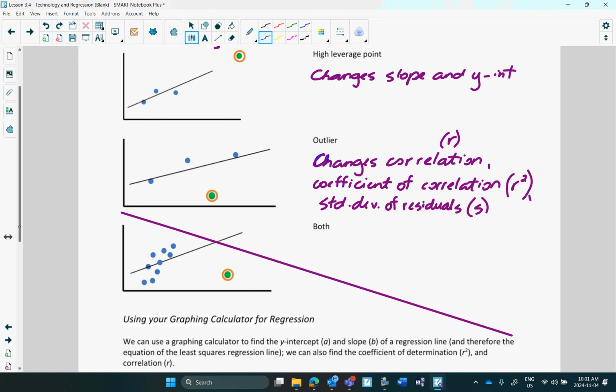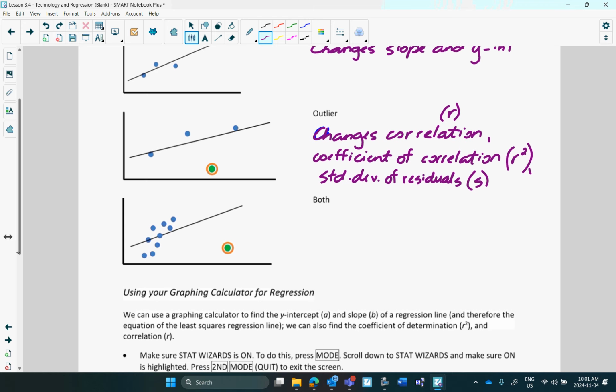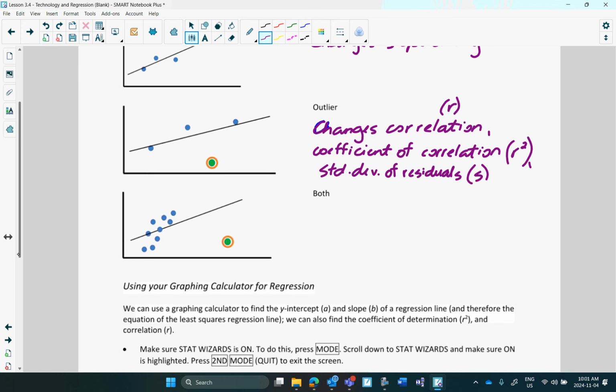Here's an example of a point that would really be bold. Not only is it an outlier far away from the line, but it is also quite a horizontal distance away from X mean, from X bar. Okay? So what will that do? Well, it's just sort of common sense. If it's bold, that means that it changes everything.